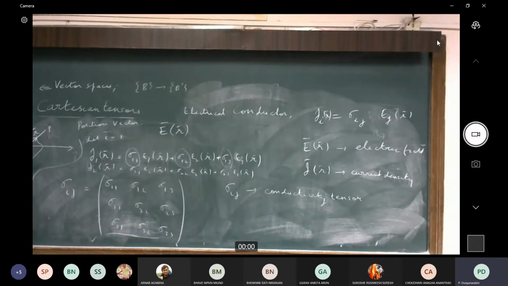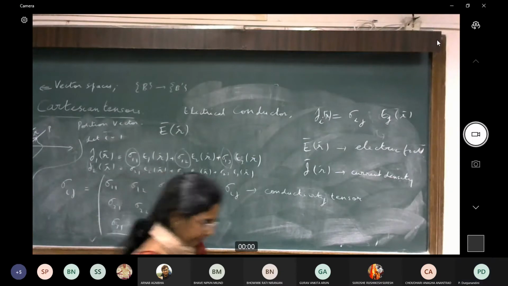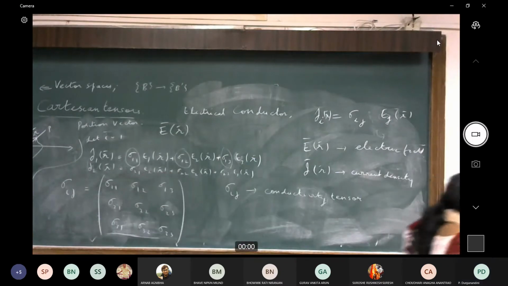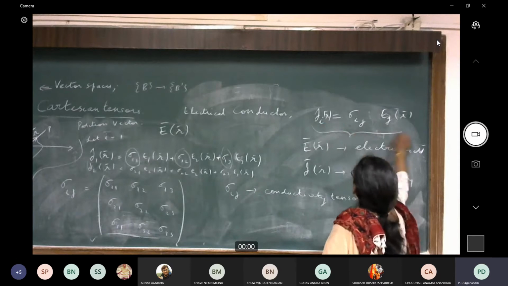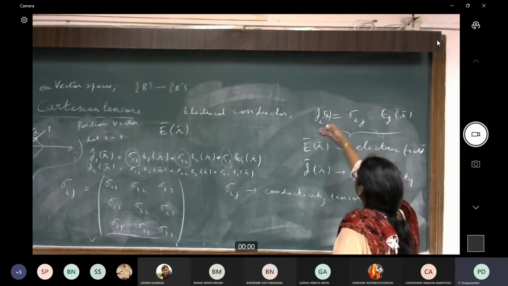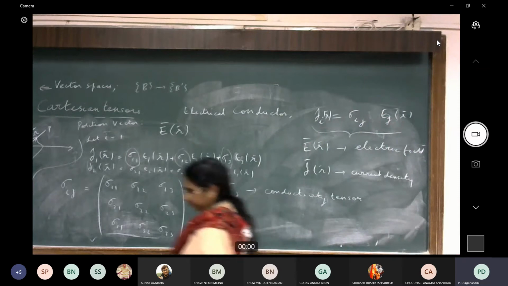But if I tell you it's isotropic, what do you understand by the word isotropic? Again, go back to this. This is telling me that the current density in my conductor depends upon my applied electric field.